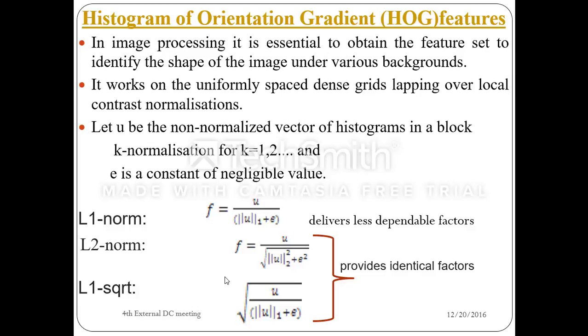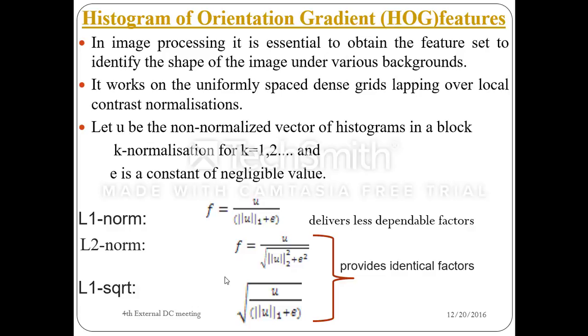So in image processing features, it is very important to identify the shape of the images. In the real implementation, it detects the image as the hand moves from one direction to another direction. It uses the histogram of oriented gradients, a possible feature set, for greater precision.